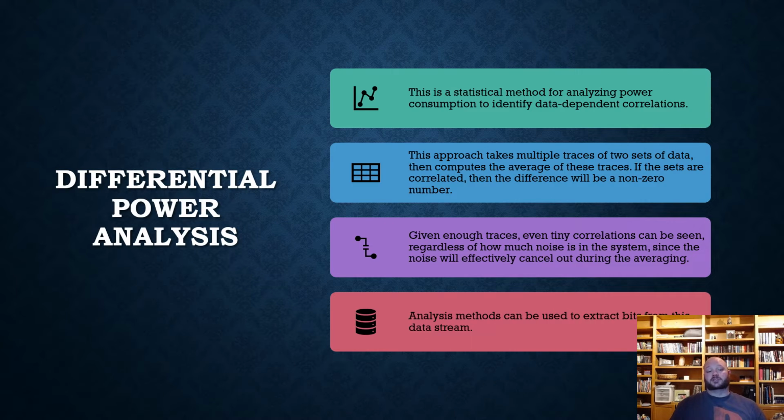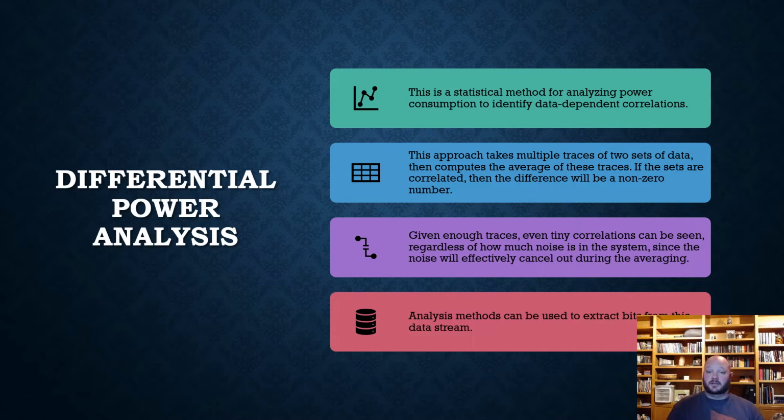So a differential power analysis. This is a statistical method for analyzing power consumption to identify data-dependent correlations. This approach takes multiple traces of two sets of data, then computes the average of these traces. If the sets are correlated, then the difference will be a non-zero number.